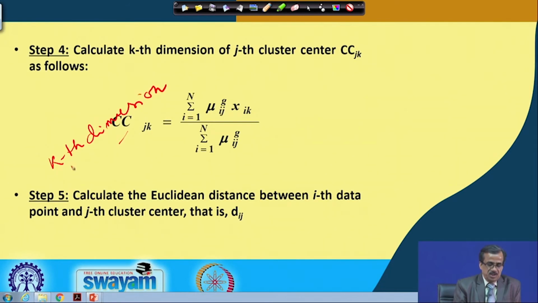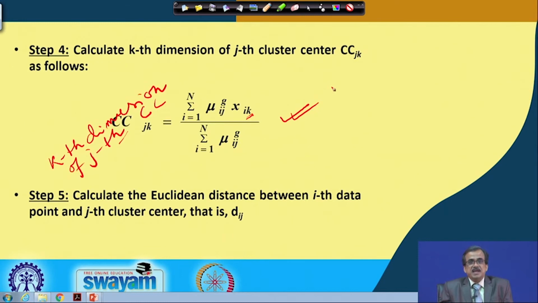CCjk is nothing but summation i equals 1 to n mu ij raised to the power g times x ik, where k indicates the dimension, divided by summation i equals 1 to n mu ij raised to the power g. So, this is the way we can calculate the kth dimension of the jth cluster center.